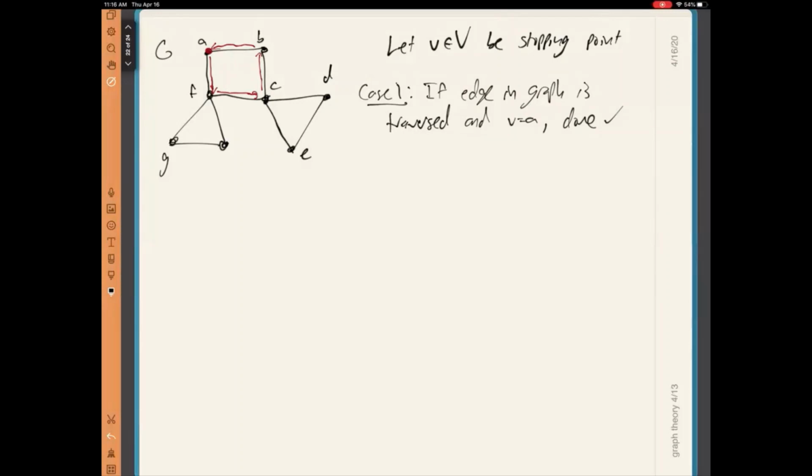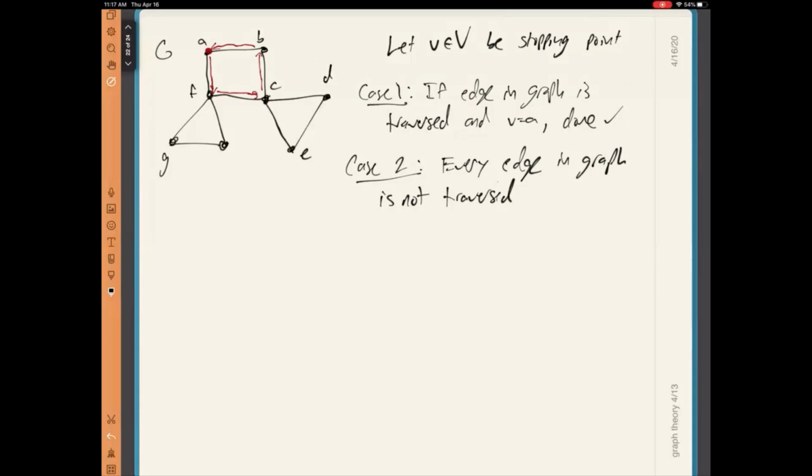So what we have to do is understand the case where you don't hit everything in the graph. So case 2 is where every edge in the graph is not traversed. And so the picture I just drew is an example of case 2.